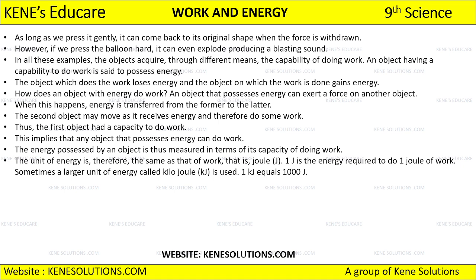If I don't have it, then it will become difficult for me to do that work, right? So if an object possesses energy, that object can do work, and the energy possessed by an object is thus measured in terms of its capacity of doing work. How do we measure it? In terms of the capacity of doing work. Okay.